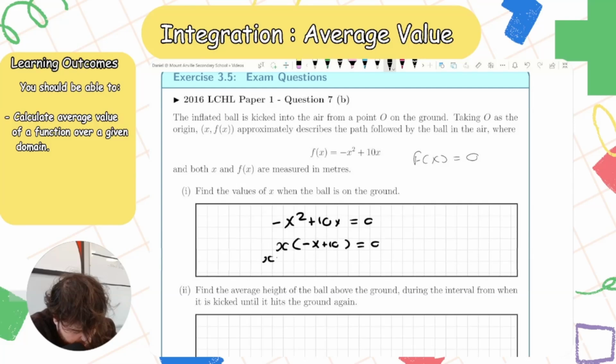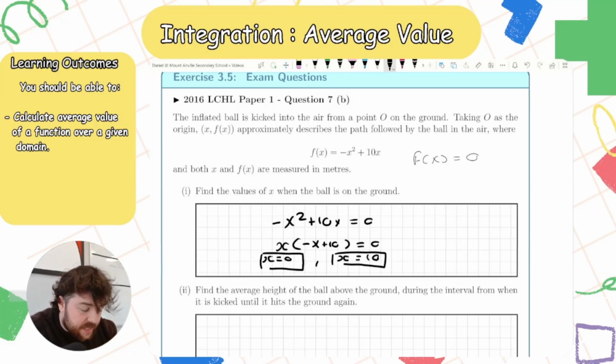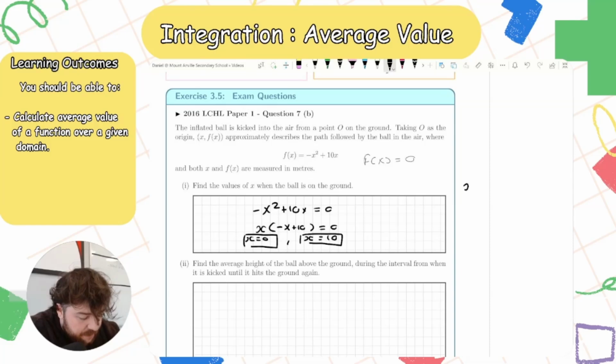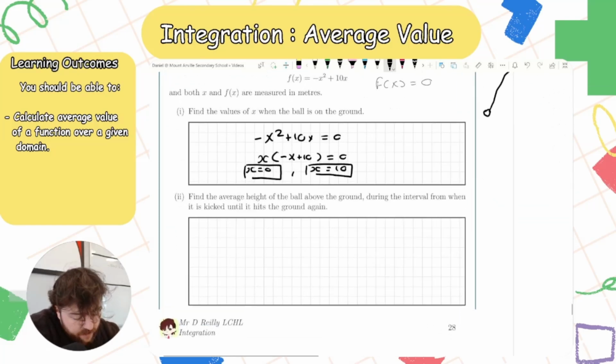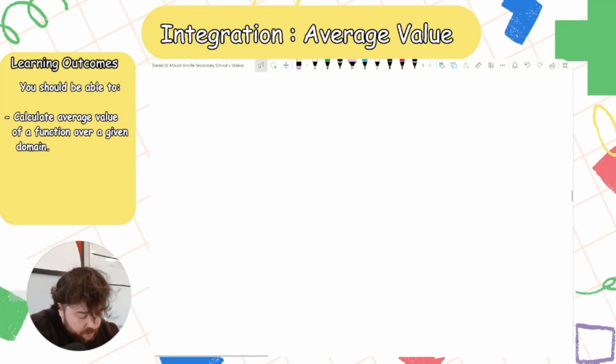So x equals 0, and then x is equal to 10. So at 0 seconds and 10 seconds, the ball is on the ground. That makes sense because at the start the ball hasn't even been kicked into the air yet, and then after 10 seconds it lands back down. Find the average height of the ball above the ground during this interval.